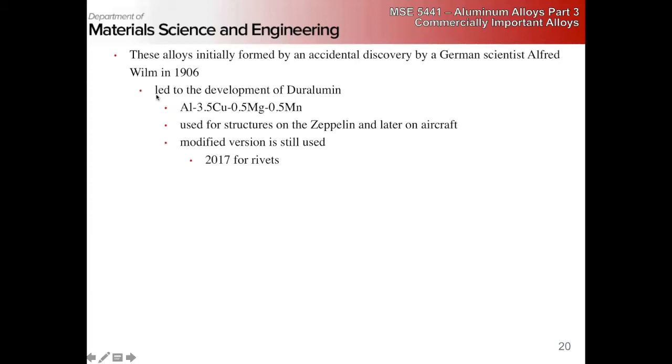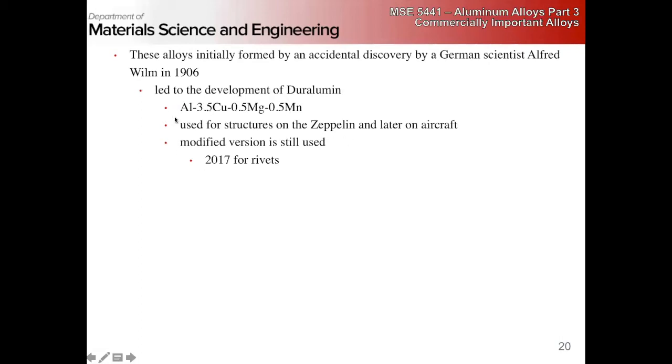And this led to the development of duralumin. For anyone who is a fan of the Mistborn series by Brandon Sanderson, you'll remember that duralumin is one of the allomantic metals, which I always liked because it's probably the only time duralumin is ever used in anything.